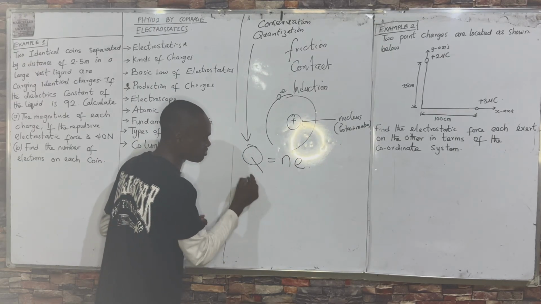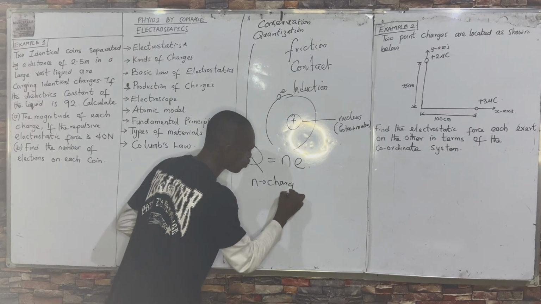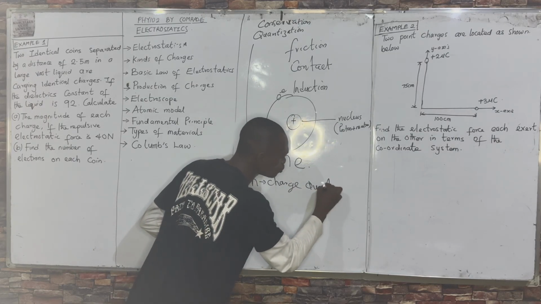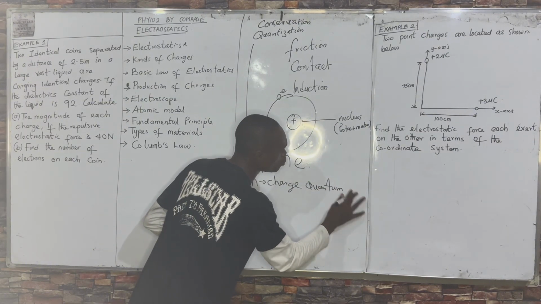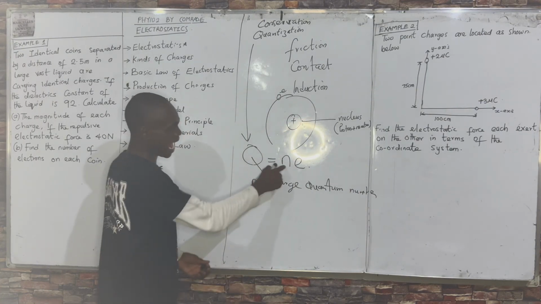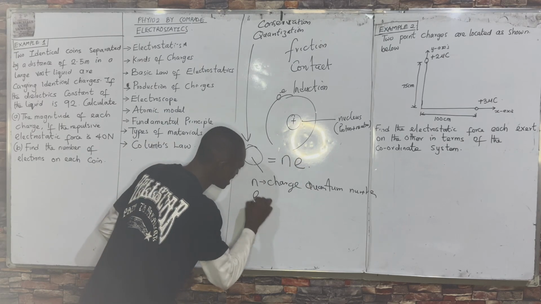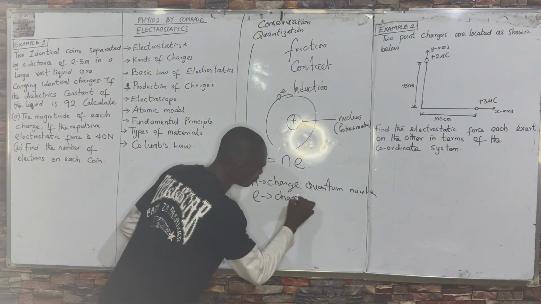Where this Q represents your total charge, this N we call the charge quantum number, or sometimes you can call it the number of electrons. So N is either called the charge quantum number or the number of electrons, while E is called the charge of the electron.